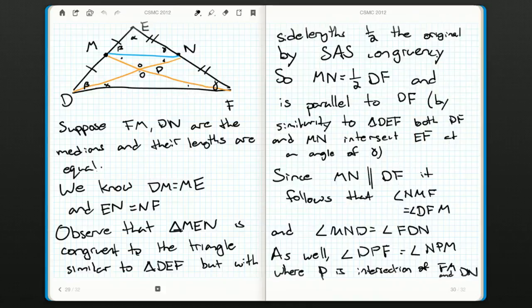And we were able to chase it around and get equations that used the equality of our two median lines to show that we had smaller isosceles triangles, and from there we got more congruent triangles, and the result followed. Okay. I think that was B part, so we still have a C left to go.